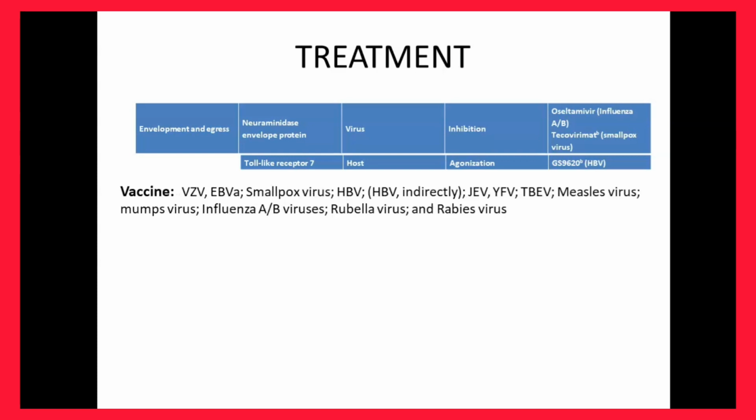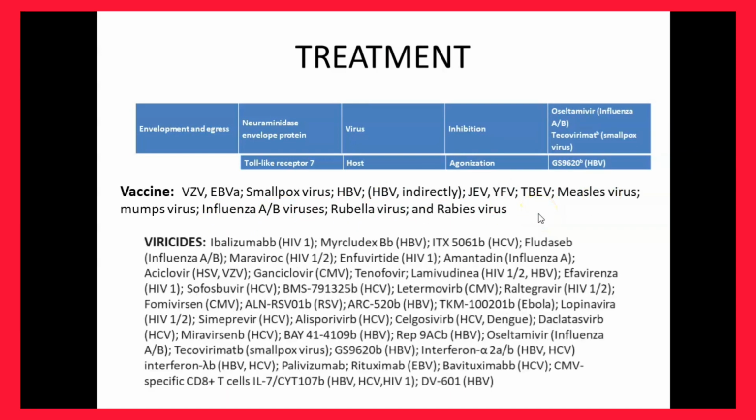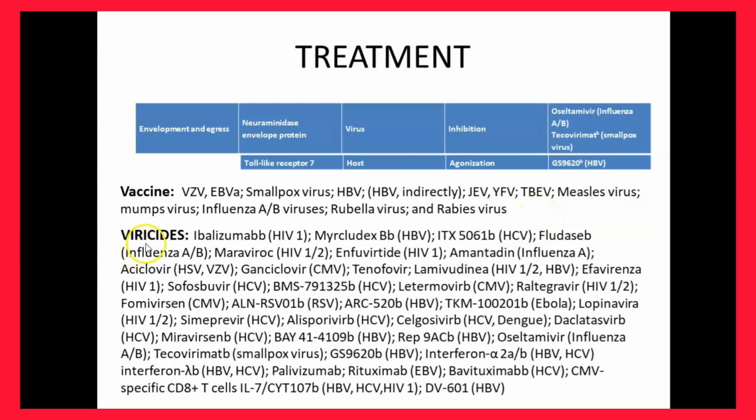And then the vaccines, these are all names for smallpox vaccine, hepatitis B virus, measles virus, we have mumps virus, influenza, rubella, and all these are vaccines. Then the drugs, we have drugs against HIV, hepatitis B, hepatitis C, HIV, lamivudine.